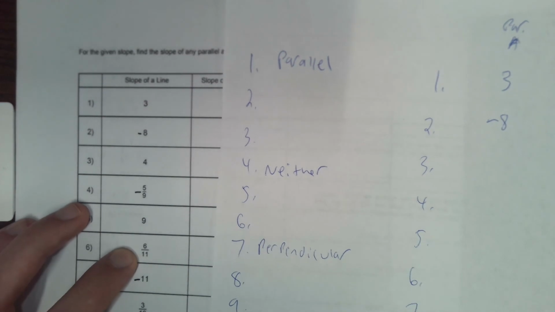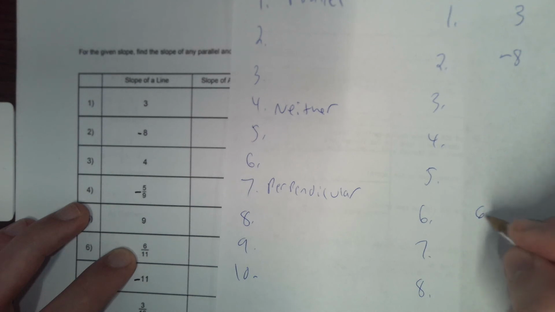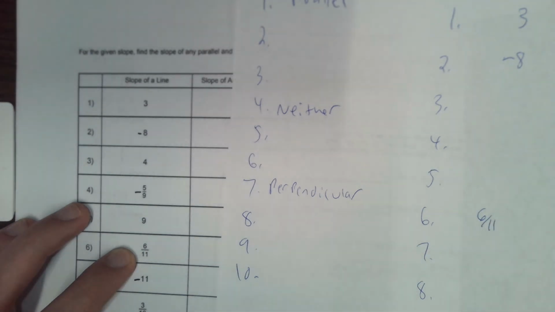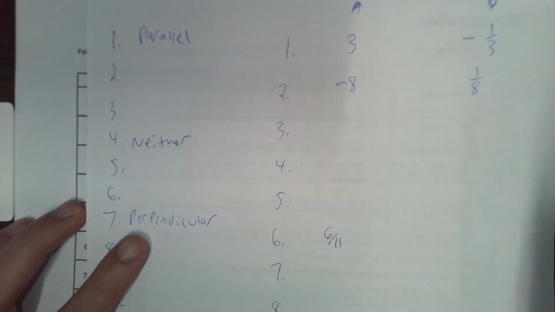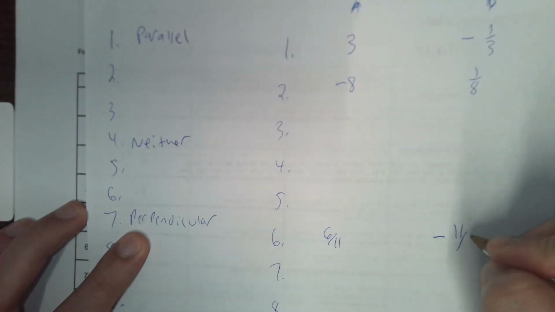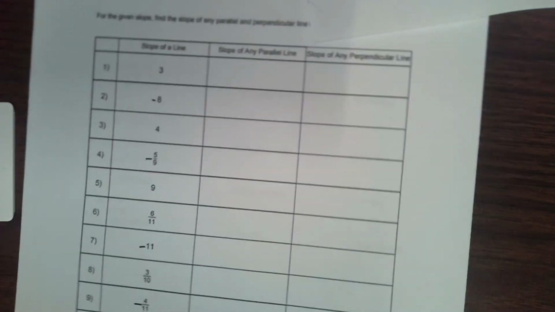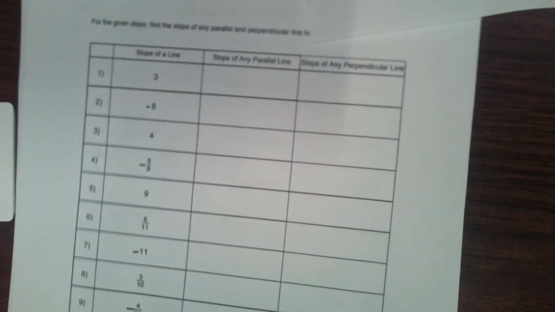Let's do 6 over 11, so number 6. Parallel, it's going to stay 6 over 11. The perpendicular is going to be opposite, so it goes from positive to negative, and it flips to negative 11 over 6. That's it for that page. Again, remember, you got to fill in the rest.